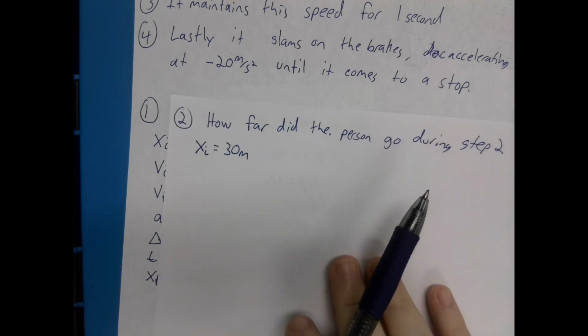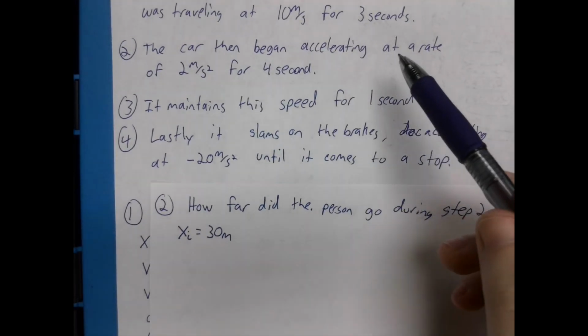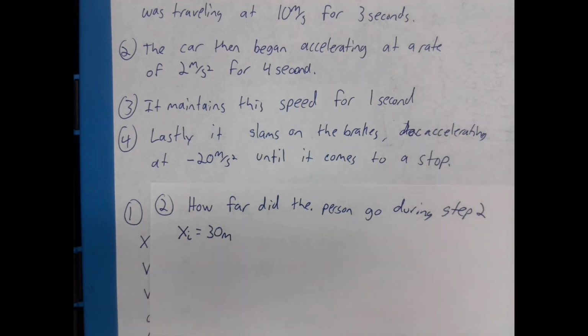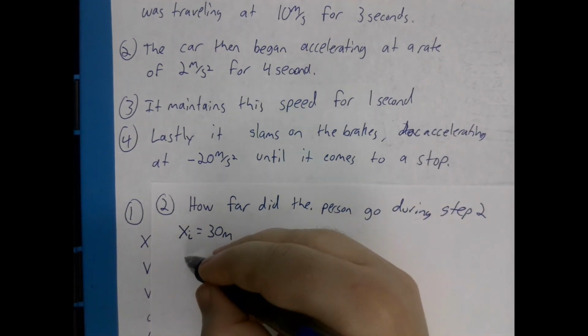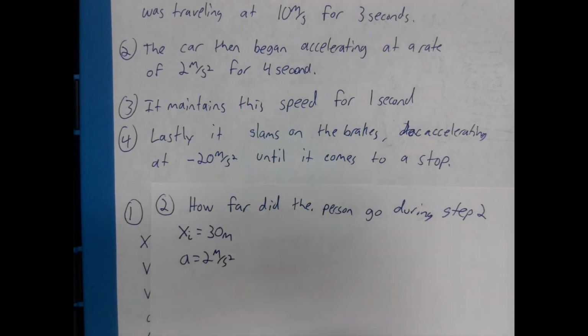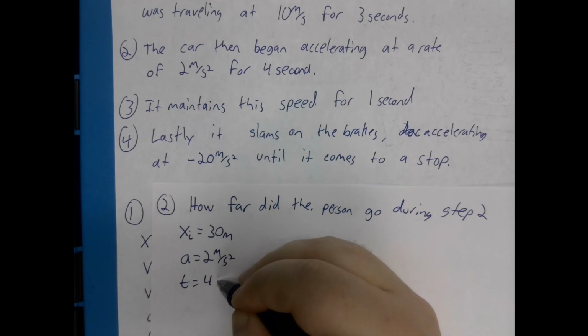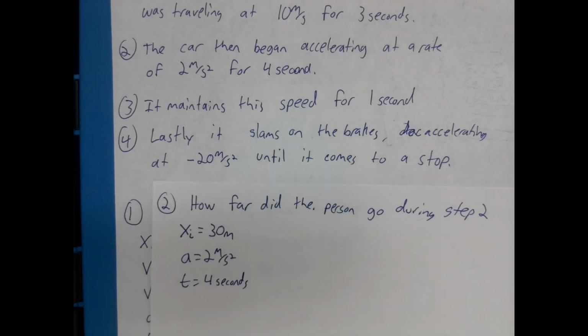So in step 2, the car then begins accelerating at a rate of 2 meters per second squared for 4 seconds. So the acceleration is 2 meters per second squared for step 2, and time is 4 seconds. Is there any other bit of information we can extract? What are our other variables?